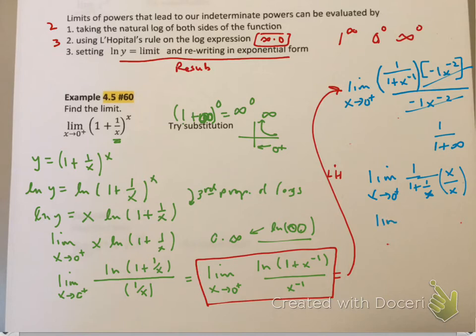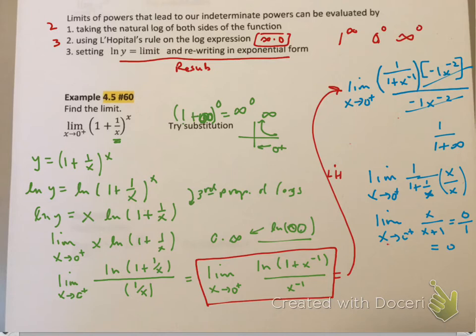So what I'll have then is the limit as x approaches 0 from the right of x over x plus 1. And this situation is going to turn out to be a 0 over 1. So this thing works out to be a 0.